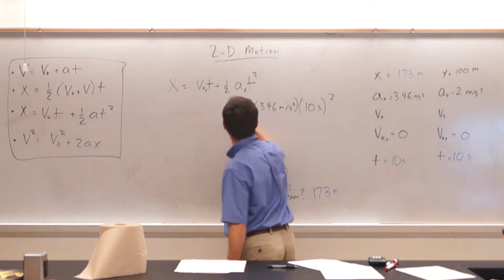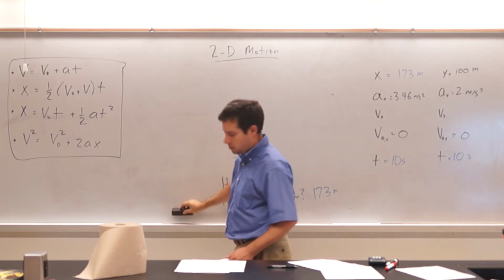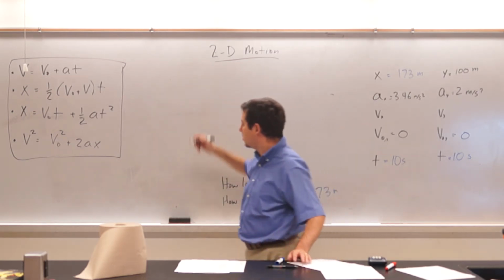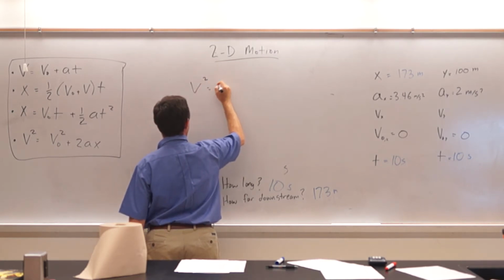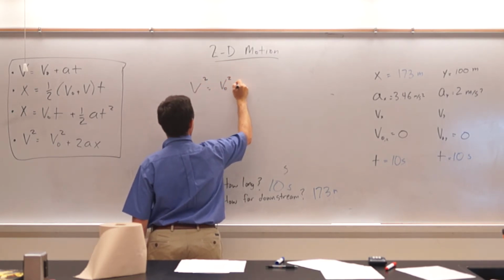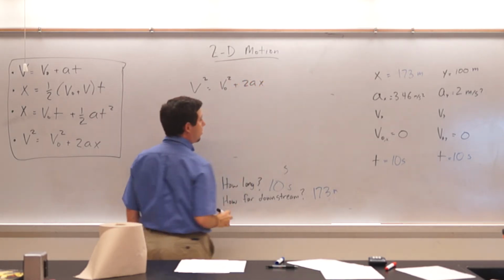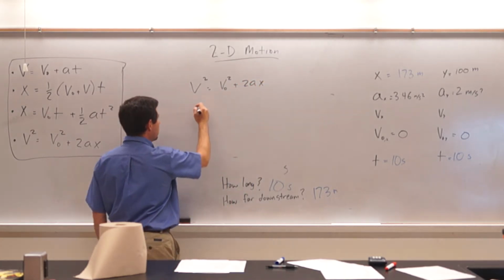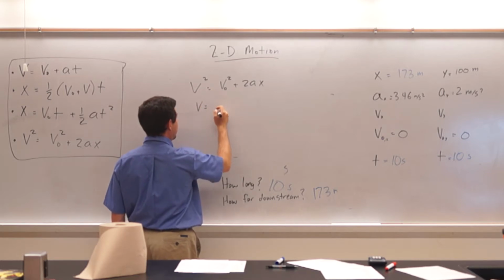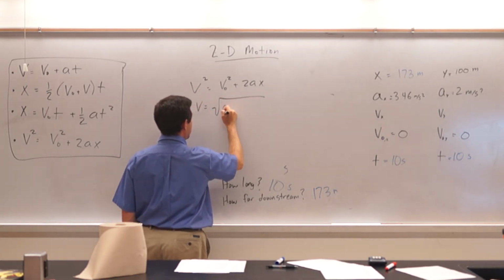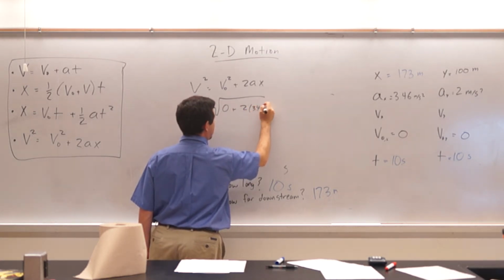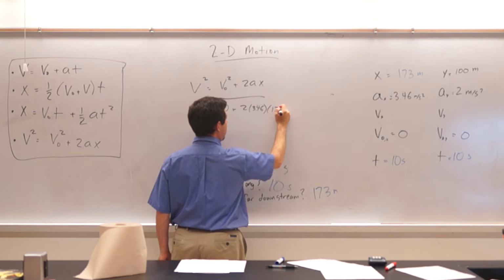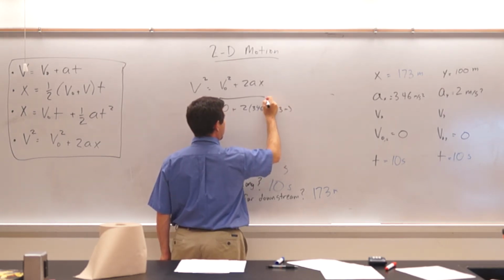Might as well finish this off. V squared is equal to V naught squared plus 2ax. So if we're dealing with the x direction, velocity is the square root of 0 plus 2 times 3.46 times 173. Some units in there.